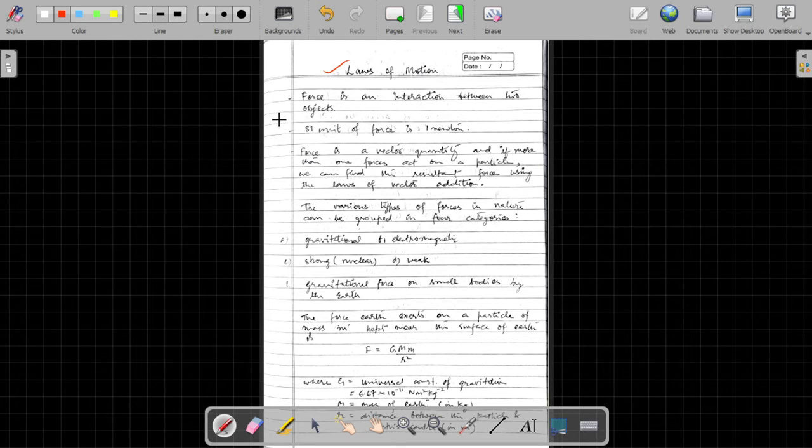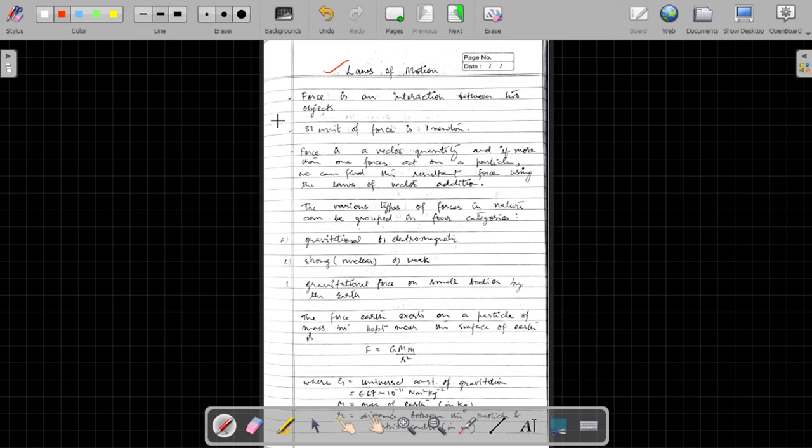One example can be Earth and Moon, where Earth exerts a force on Moon which keeps it going in a circular motion around Earth. Now we know that this force is gravitational force, and what we notice is that there is no contact between Earth and Moon for Earth to exert a gravitational force on Moon.